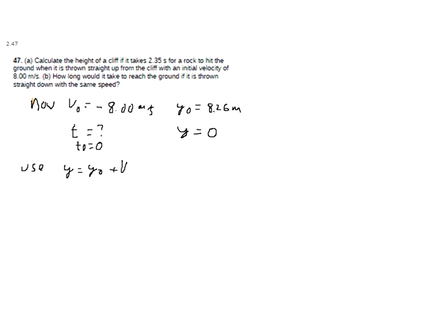Y equals Y0 plus V0Y T minus 1/2 G T squared. We don't know time, but we're going to need to use the quadratic equation.